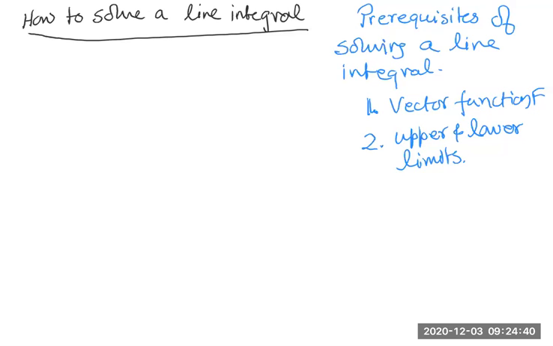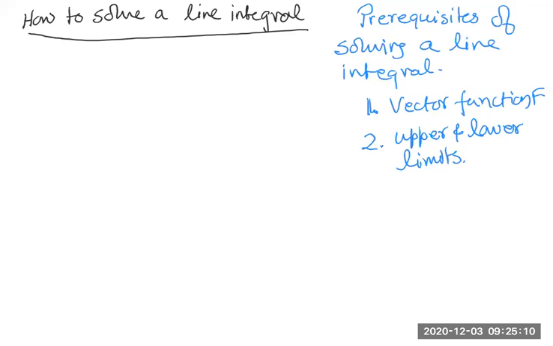The weird part here, okay, the really weird part here is that this is not enough. Now, there is another prerequisite, right?